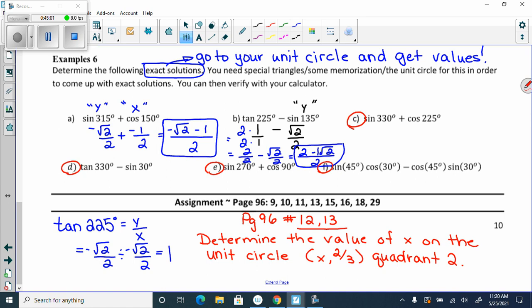So it's literally C, D, E, F, page 96, 12, and 13, and this. We're going to go through C, D, E, and F tomorrow, and this question tomorrow.